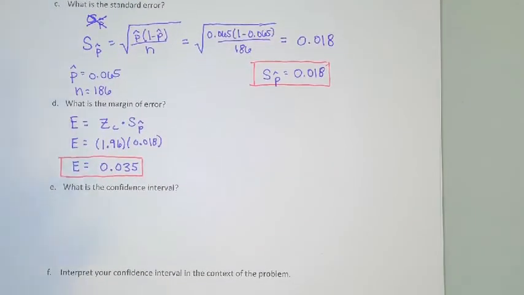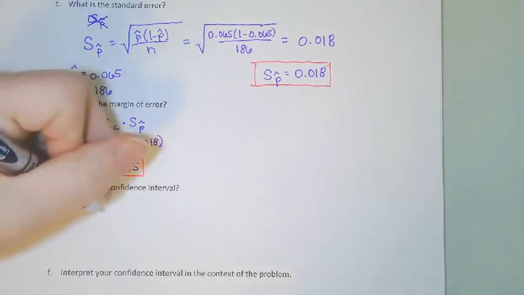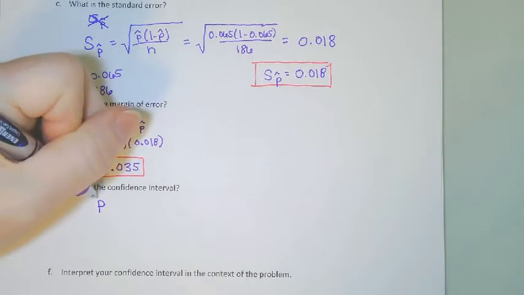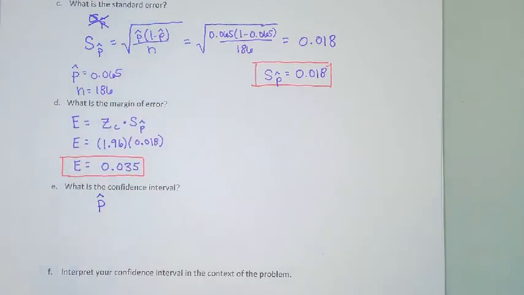Okay, so moving on to part E, what is the confidence interval? Now we're going to actually calculate the confidence interval, or that range of values around which we're 95% certain contains the true population proportion. Our confidence interval will have two values, a low end and a high end.